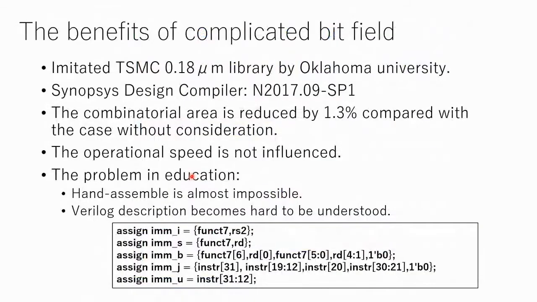Okay, so we evaluated the effect of bit shuffling. The synthesis is done with a very old process, which I now use in my class. Well, the result shows that the combinatorial area is reduced by 1.3% compared with the case without shuffling. But the operational speed is not influenced.